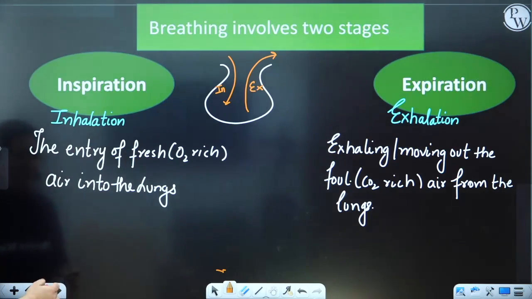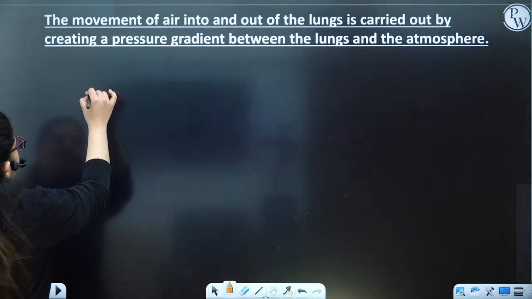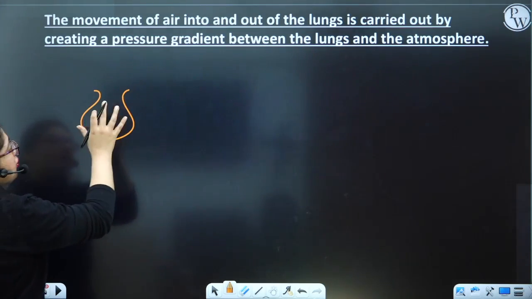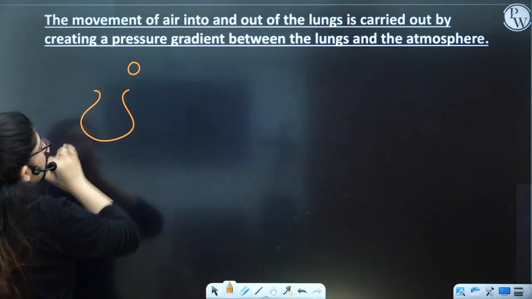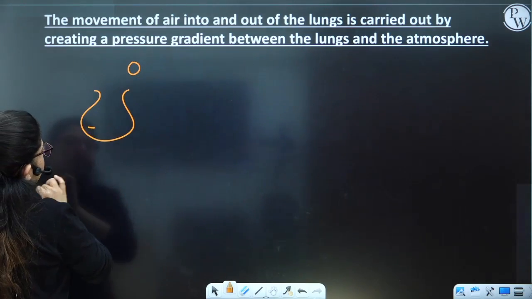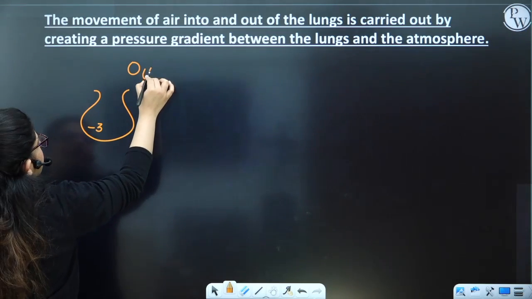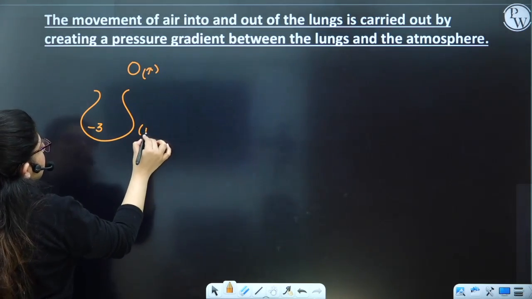So I say if this is the lungs, the partial pressure of oxygen is 0 outside, and here the partial pressure of oxygen is -3. Now I will say here the pressure is more and here the pressure is less.